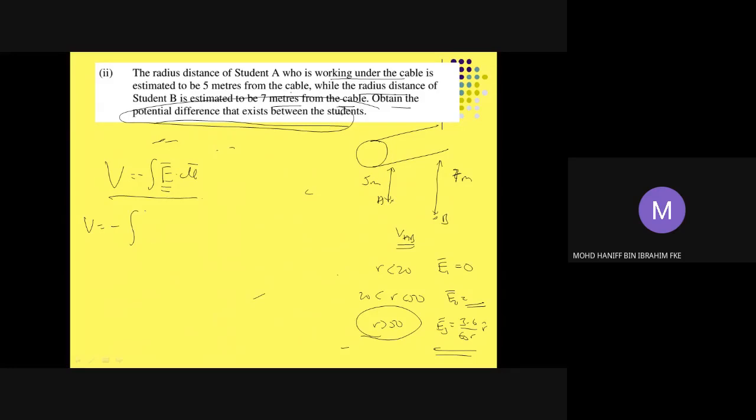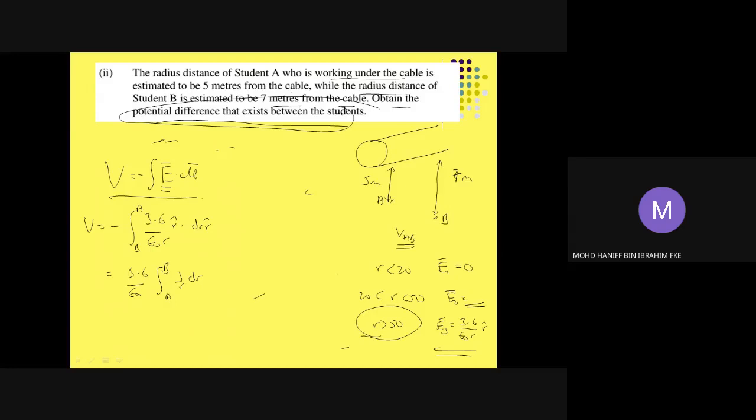The E will be E3, which is 3.6 over epsilon naught of R, in the direction of R, and your dl should be dr in the direction of R. So your integration may be from point B to point A, because you need to find the potential difference between A and B. And we are going to have the potential difference to be 3.6 over epsilon naught, integration of 1 over R dr from A to B, because I've canceled the negative sign, so the integration is reversed from A to B.